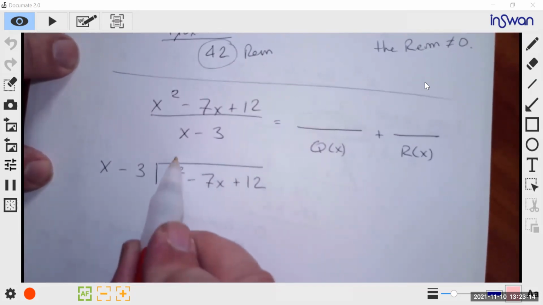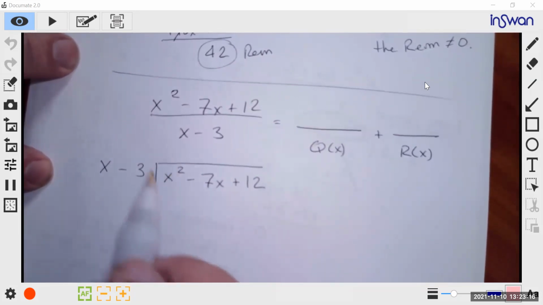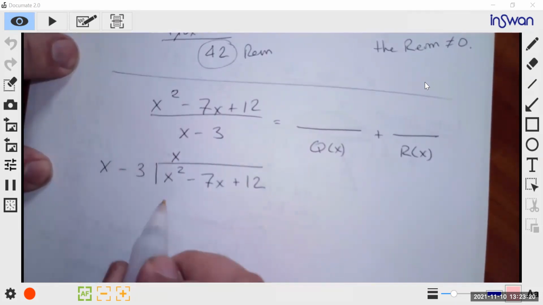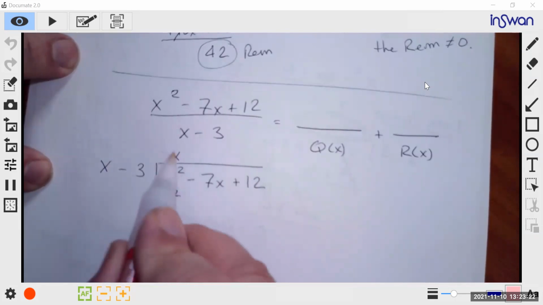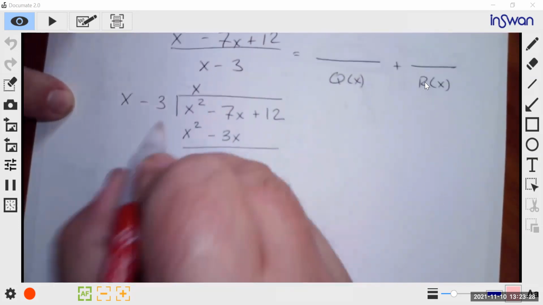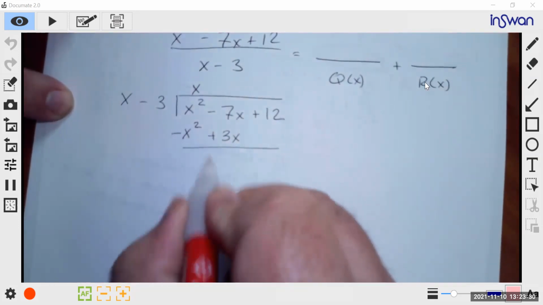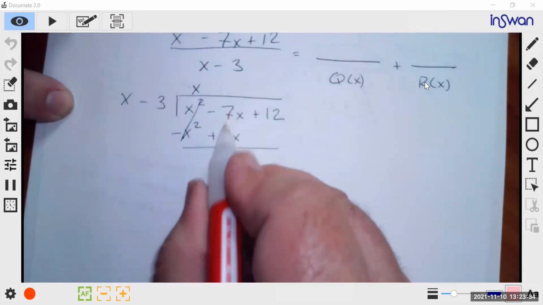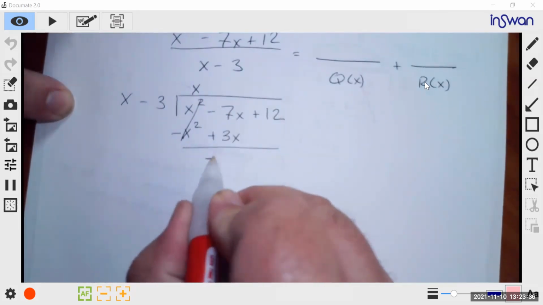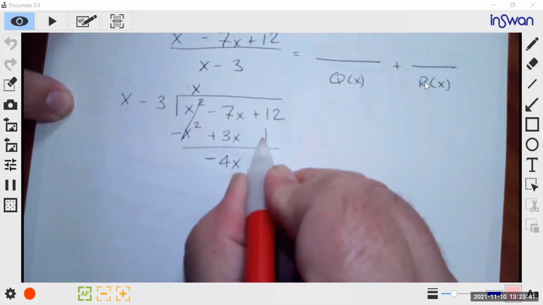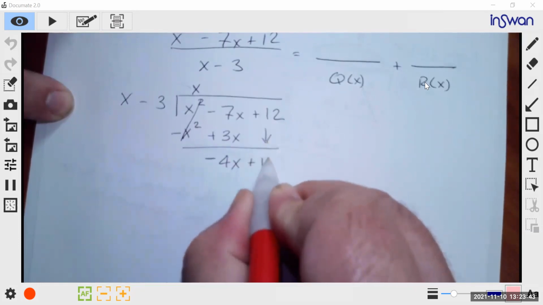So what's my first term? What times x gives x squared? x. So x times x is x squared. x times negative 3 is negative 3x. Change the signs and add. Negative 7 plus 3, 7 is bigger, so it's negative. 7 minus 3 is 4. Bring down the 12.